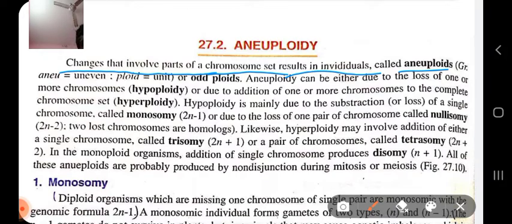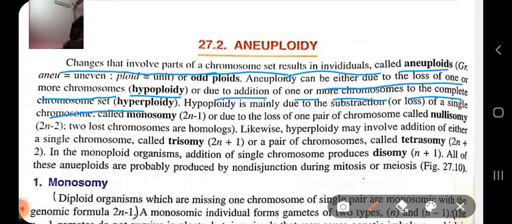And aneuploidy can be due to the loss of one or more chromosomes, known as hypoploidy, or due to addition of one or more chromosomes to the complete chromosome set.